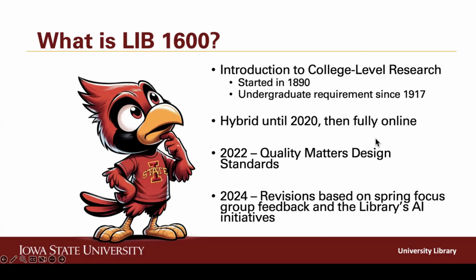Because it's a requirement for all majors, in the last few years, we have around 8,000 students going through the course every year. So the course is taught in multiple sections, and 10 to 15 subject librarians are involved in teaching the different sections of the course.